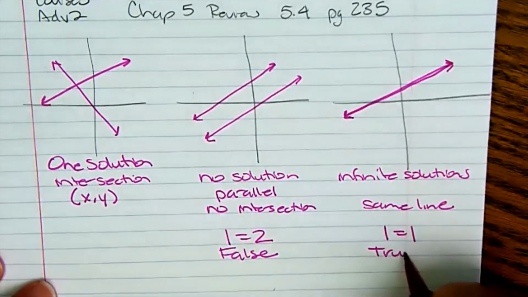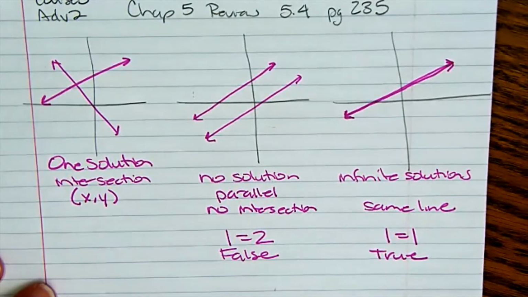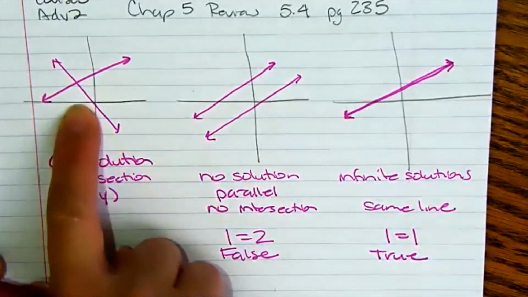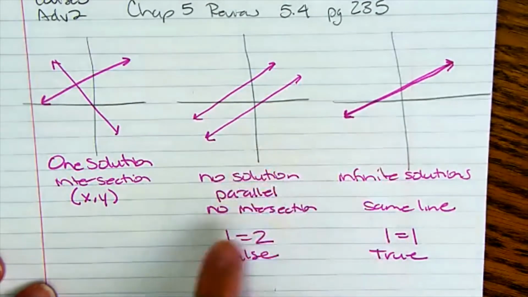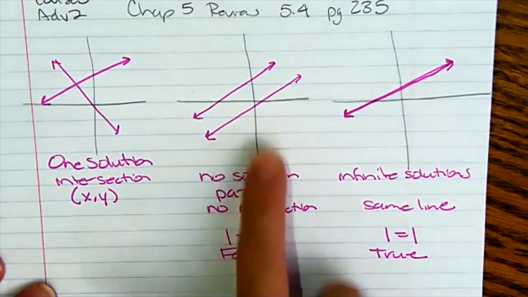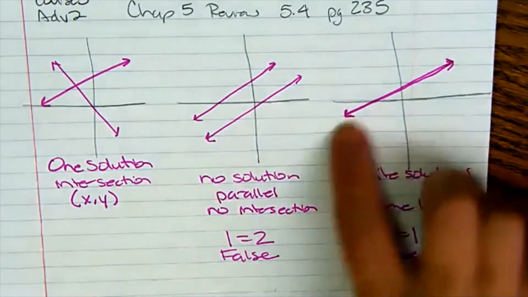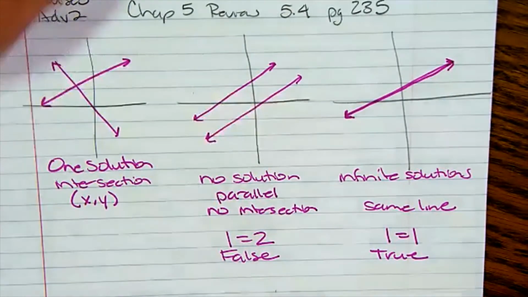You'll end up with a true statement. So this is what we've been working on, how to find one solution where the lines intersect. Today, we're going to focus on no solution where the lines are parallel and never intersect, and infinite solutions where it's the same line. Okay?